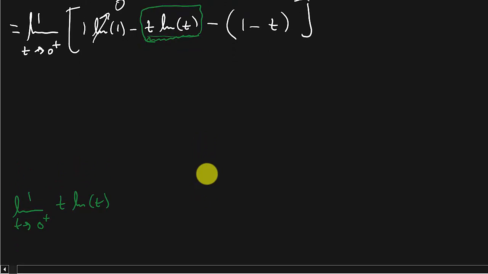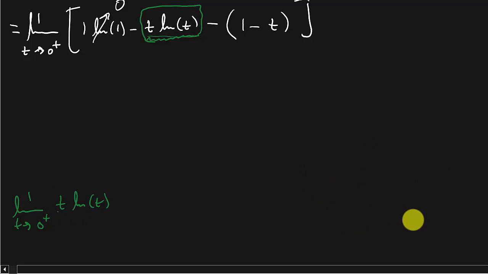If I'm approaching 0 from the right, that's 0. And as t approaches 0 from the right, we've done it several times in this video, natural log goes to negative infinity. Well, I can't do 0 times negative infinity.